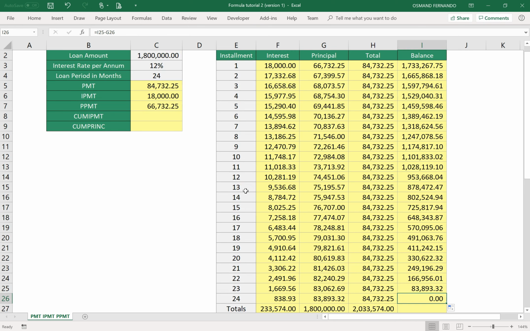So that is how we can calculate PMT, IPMT, PPMT, and using those IPMT and PPMT formulas, how to complete the schedule.